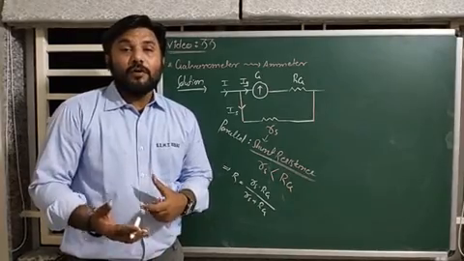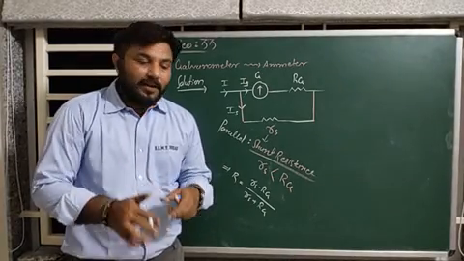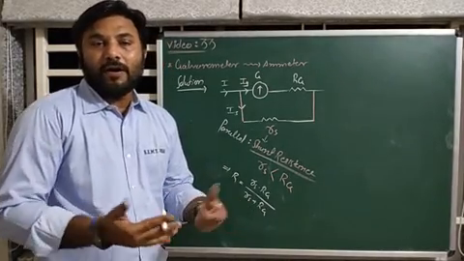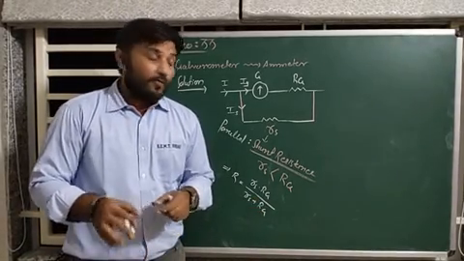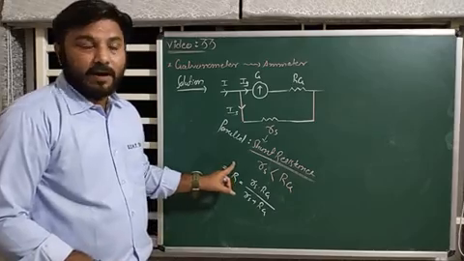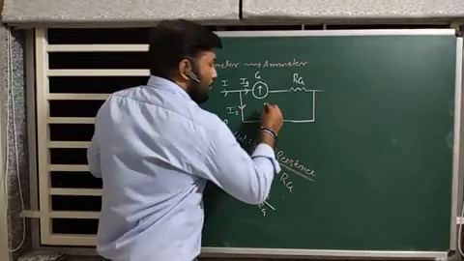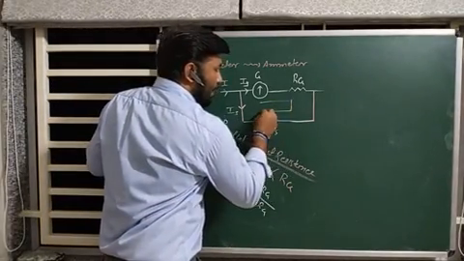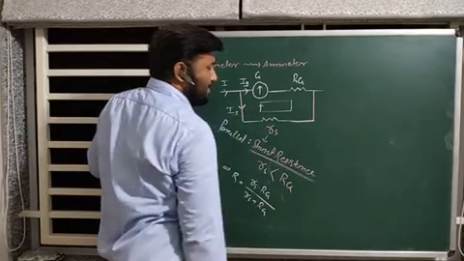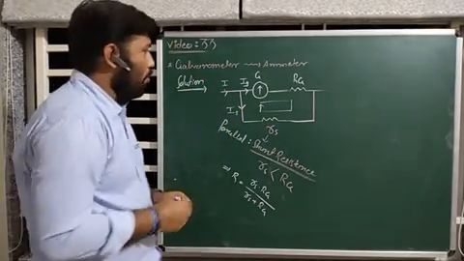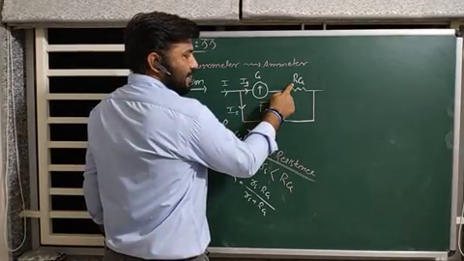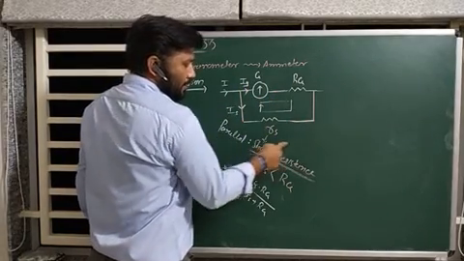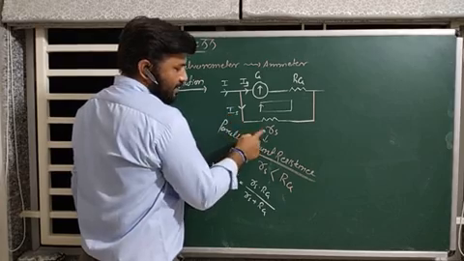There are a few numericals, either asked in MCQ or in 2 or 3 mark questions. For that, a few equations are there. What to do? You have to apply Kirchhoff's second law for a loop. Simple. Ig, G, Is, Rs.